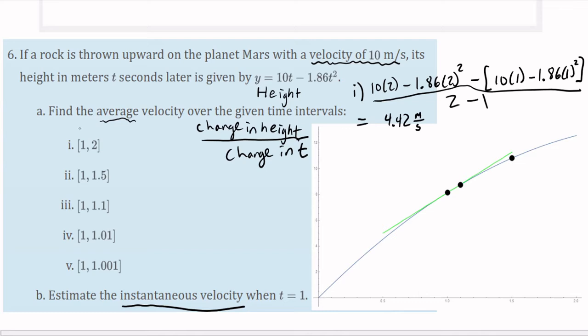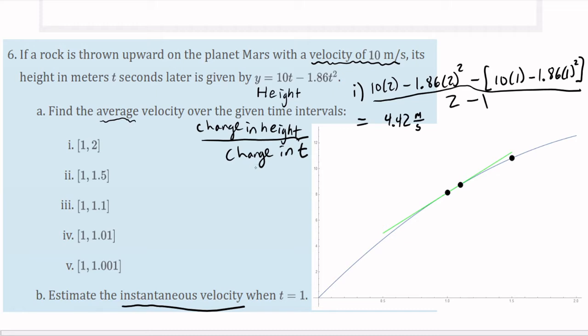So how do we do this? Well, the easiest way to do this is to actually do this first. Average velocity is pretty easy to do. You plug into the function, you see the difference in your heights, and look at that change divided by the change in time.